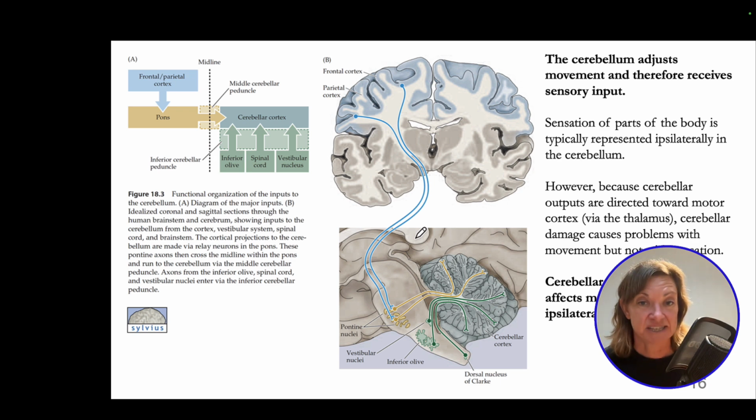So yes, it receives a lot of sensory input, but the deficits associated with cerebellar damage are movement deficits. They also tend to be ipsilateral deficits. So damage to the cerebellum indirectly affects movement of the ipsilateral side of the body because of the connectivity pattern.